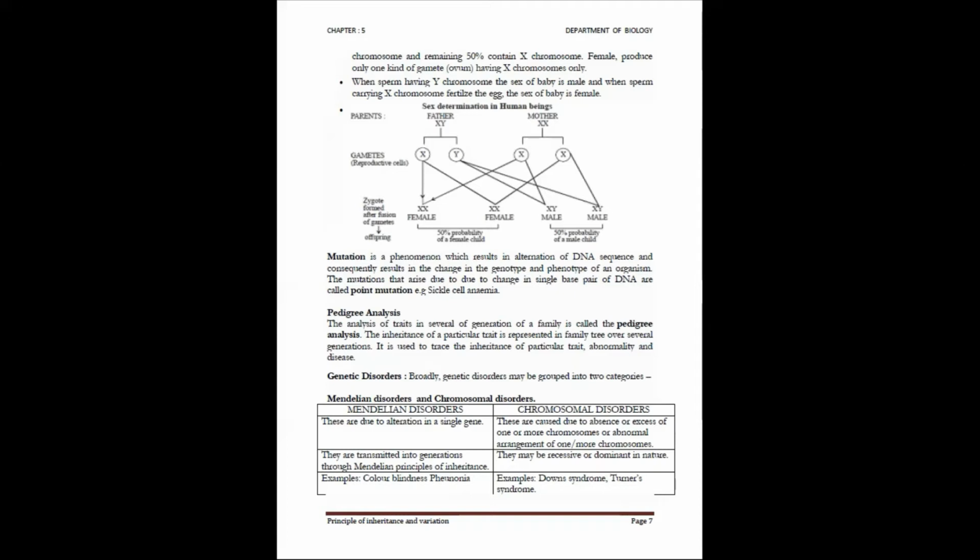Or why X chromosome is not prominent in determining the sex in human beings. Or it may be asked as why Y chromosome has a major role in determining the sex of the offspring.